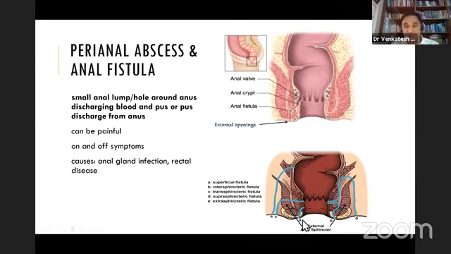The tract can be just underneath the skin, or it can go through one muscle, as in this case, or through both muscles, or it can go at a very high level. If it is very low and very simple, it's easy to treat. If it has a complex route and is going all over deep inside, then we are in for a huge challenge.